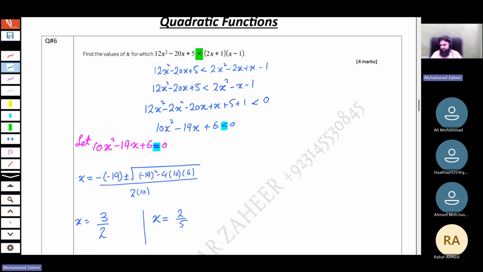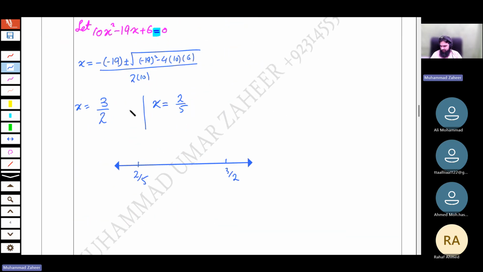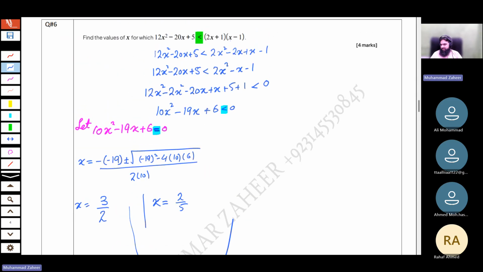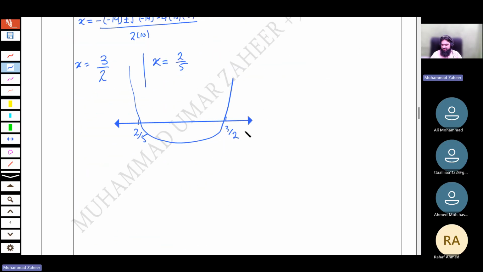It's a positive quadratic, so the graph is going to look like this. In this case, the inequality is less than 0, so we take the graph that is below the x-axis. So the inequality will become x is greater than 2 over 5 and less than 3 over 2.